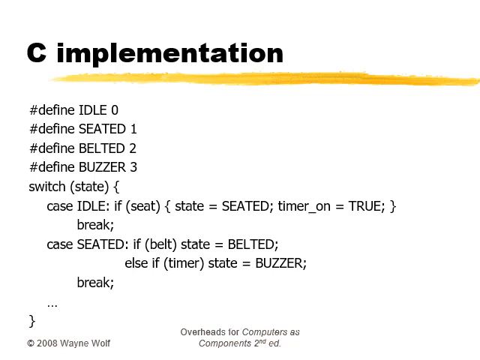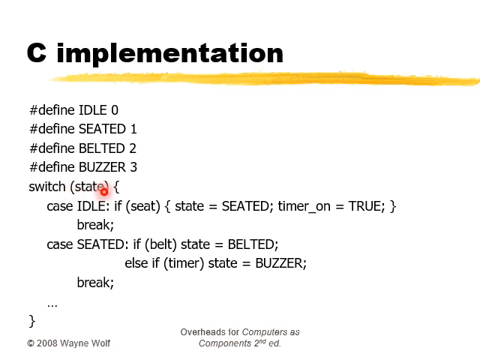In either case, the code must be executed regularly so that it can check the current state value of the input and, if necessary, go to the next state. So these are all the states that we have defined earlier: idle, that is the starting state, seated, belted, and buzzer, and we have assigned them numbers in order.